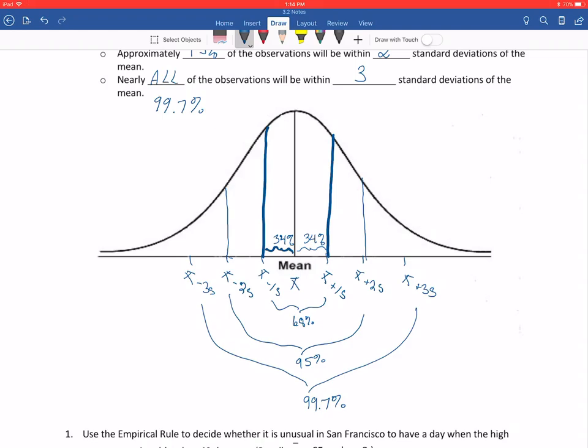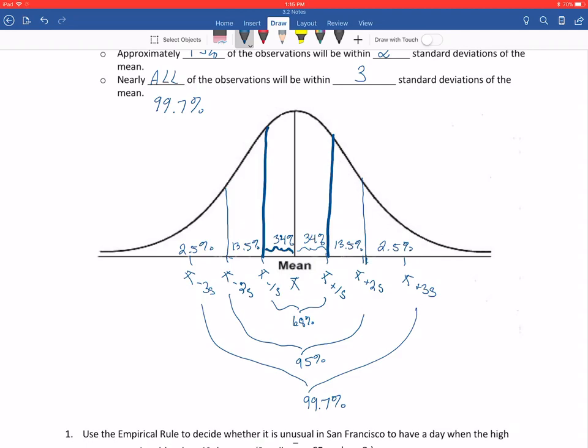So 34% can be expected above the mean 1 standard deviation and 34% below the mean 1 standard deviation. And if we do a bunch of calculating and subtracting, it would mean that roughly 13.5% are right here and only 2.5% are on these tails past the 2 standard deviations out.